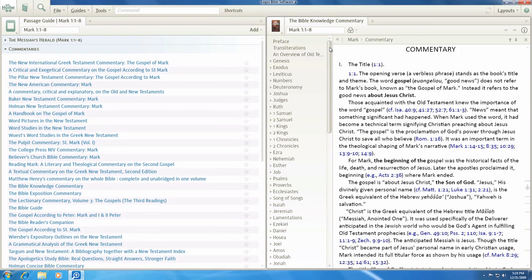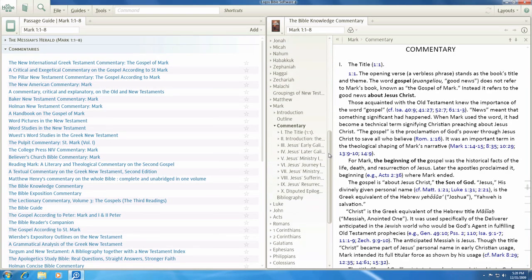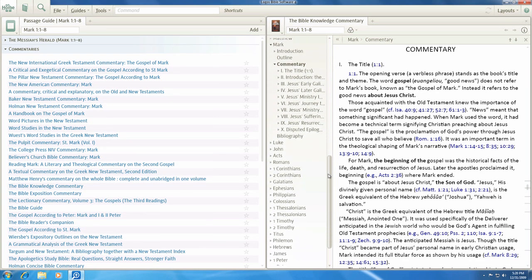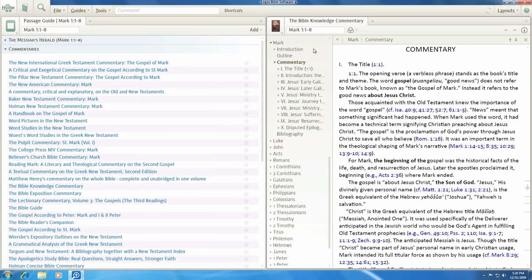The table of contents here shows us that this resource is organized the same way our English Bibles are organized. And scrolling down, we can see an overview of the section on the Gospel of Mark. Now, this resource opened up at the commentary section because, well, we started our passage guide search with Mark 1:1, and so that's what we have here.